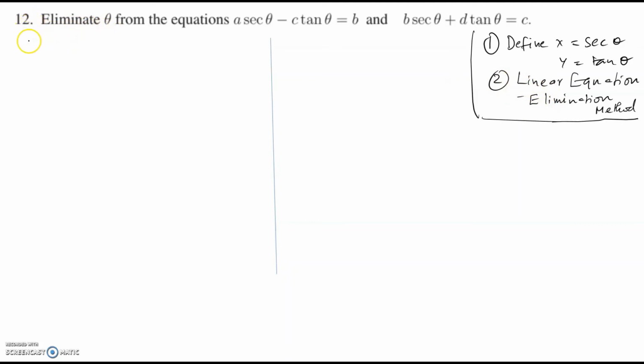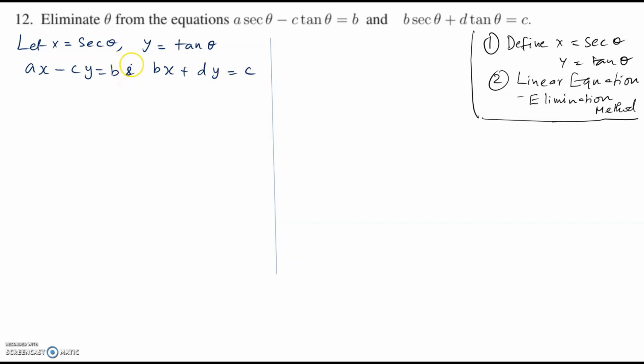So let x equal secant theta, y equals tan theta. So your equation now becomes a x minus c y is equal to b and b x plus d y equals c.